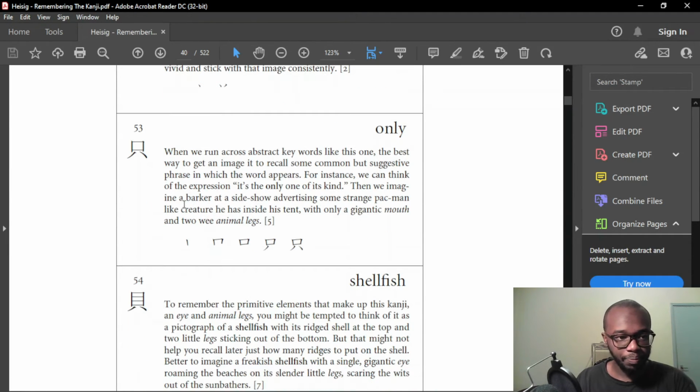Now we go to the actual lessons. That's the actual character. So this is just a picture. Is a mouth on human leg. On animal leg, sorry.